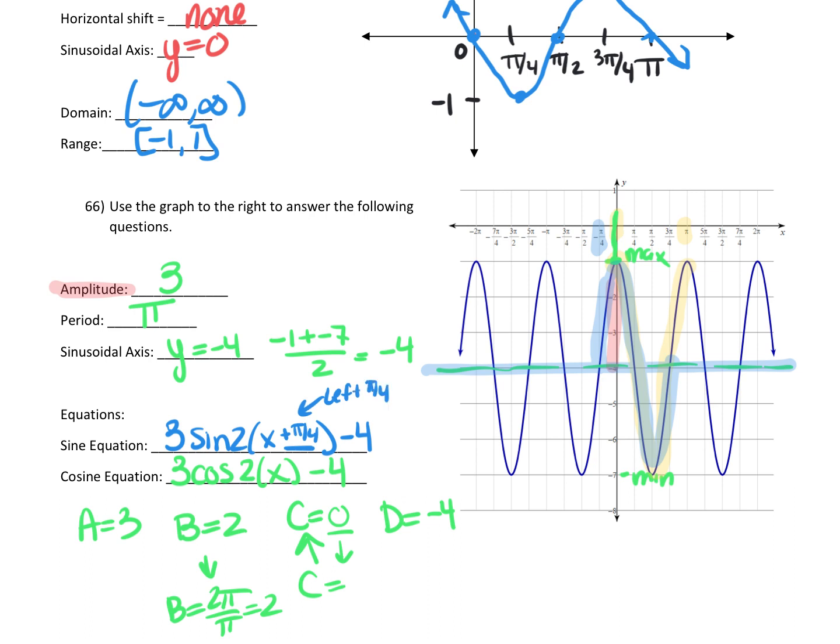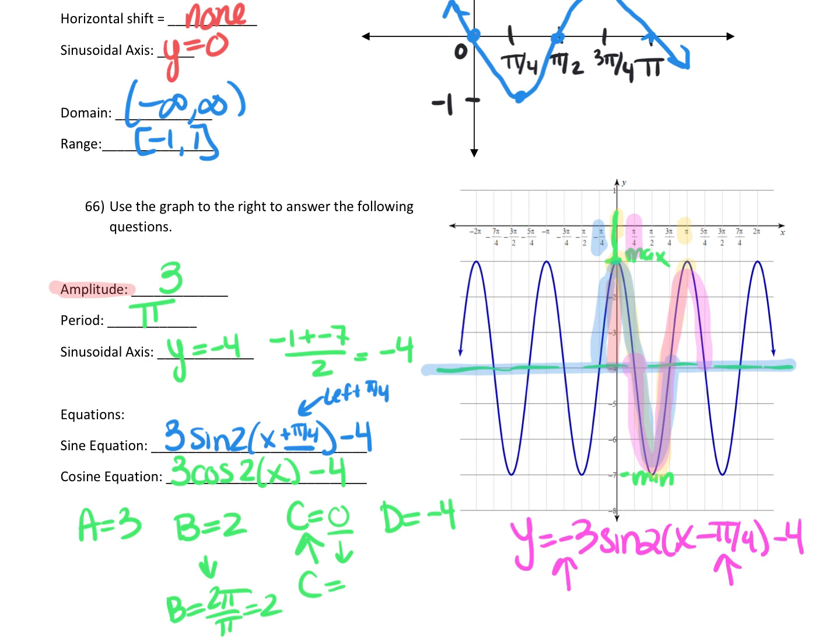I could have also said, maybe I'll start at pi/4, but then I'd have a reflected sine, which is fine. I would have had a -3 sine of 2 and then x minus pi/4 minus 4, because I'm starting right at pi/4. But then I would have had a reflection since it's going down first.